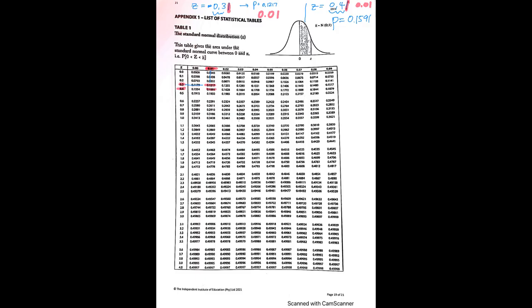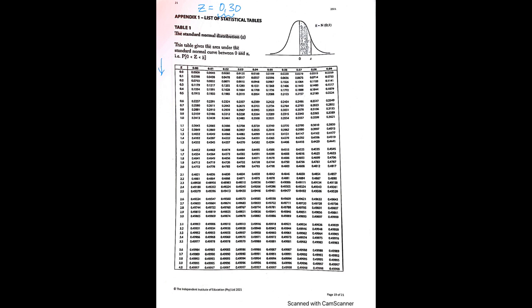The next step is exactly the same as well. You'll take the 0.3, you will go to your formula sheet or your appendix table 1, and you will determine what the respective probability is for 0.3. So Z is equal to 0.3. You're going to look for the first 2 digits down the first column.